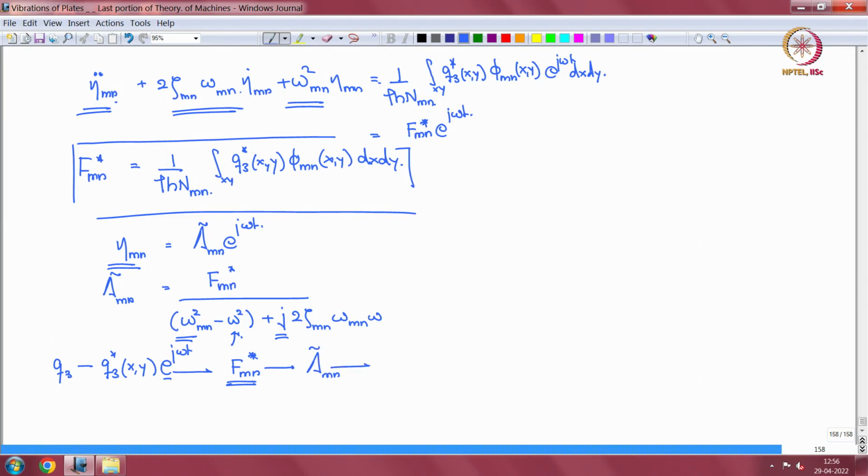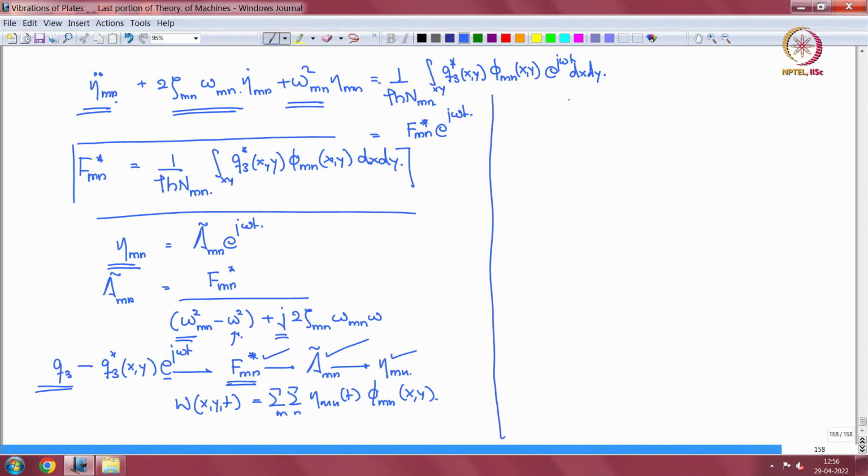If I know gamma mn tilde, I know eta mn. Once I know eta mn, the w x comma y comma t is the double sum mn eta mn of t phi mn of x comma y. So q3, f mn star, gamma tilde mn, eta mn, that is the direction for steady state harmonic response.